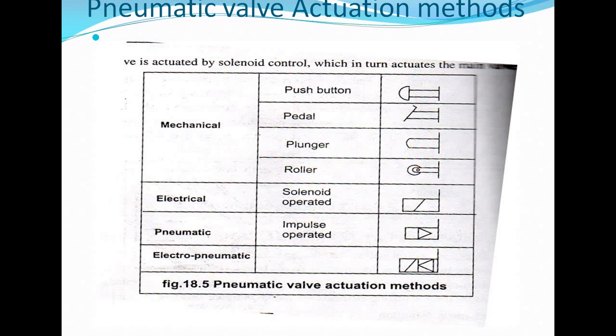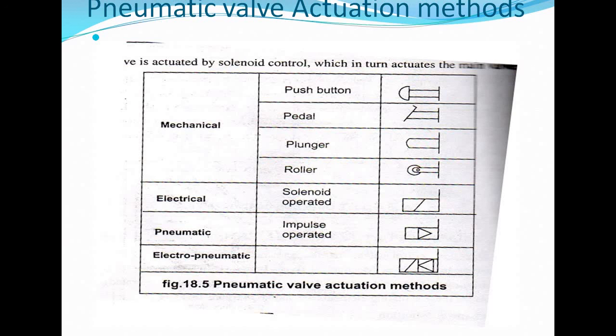Now next is pneumatic valve actuation methods. There are various methods by which pneumatic valves can be operated. Various ways are mechanical, electrical, pneumatic and electro-pneumatic.